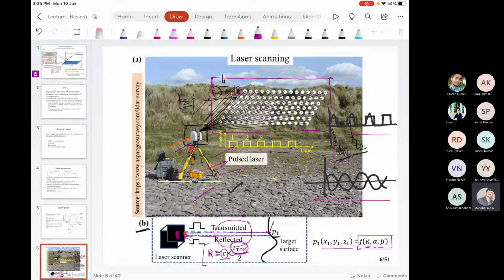For each point, R, alpha and beta are computed. Finally, we calculate the location of the point in a Cartesian coordinate system in terms of x1, y1, and z1, the projection on three different axes. So this is the basic fundamental through which the LiDAR technique works.